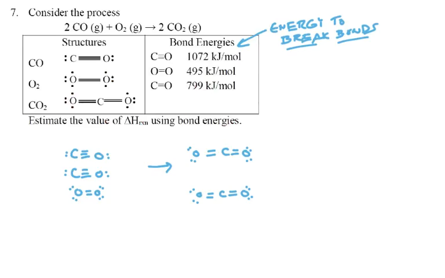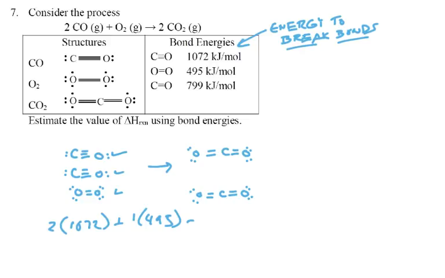Okay, 7 is similar. We want to get the delta H of a reaction, but this time we're going to use bond energies rather than heats of formation. We take the energy of the bonds that are broken. So I'm going to have 2 of these CO3 ones, so 1072, and I'm going to have 1 O2, which is 495.